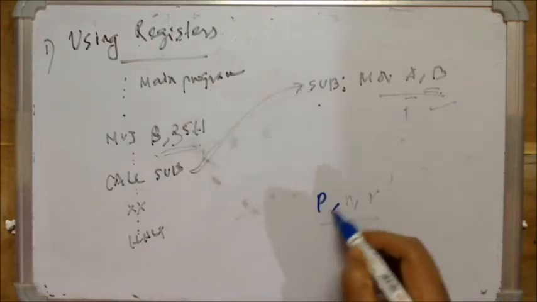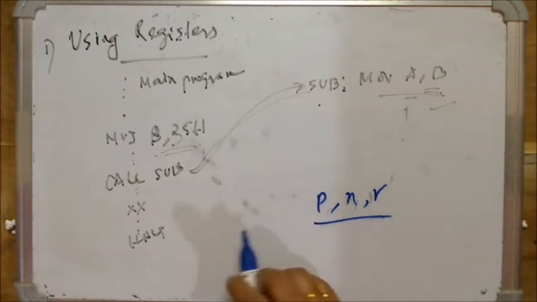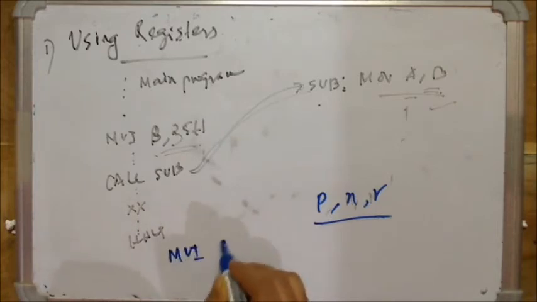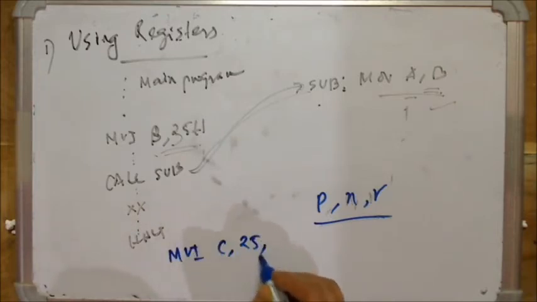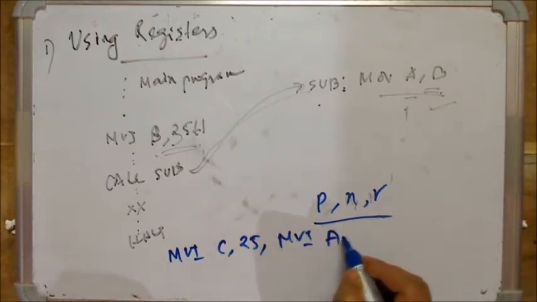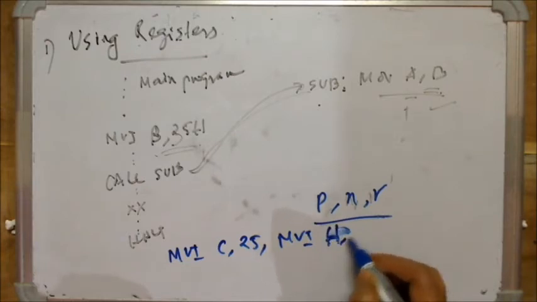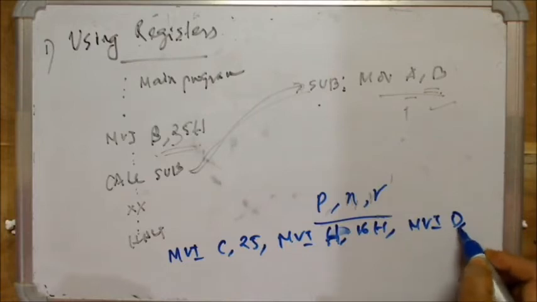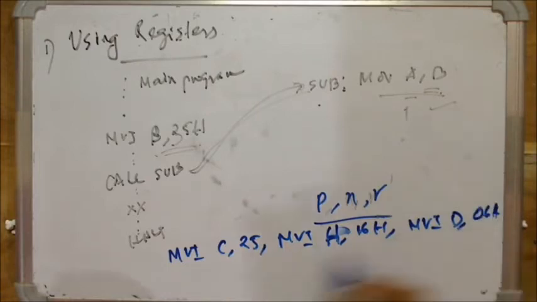So you have to pass three parameters. Now what do you have to write? MVI C, 25H. Suppose MVI A, 15H, and MVI B, suppose 06H. So these are the three parameters you have to pass to the subroutine.